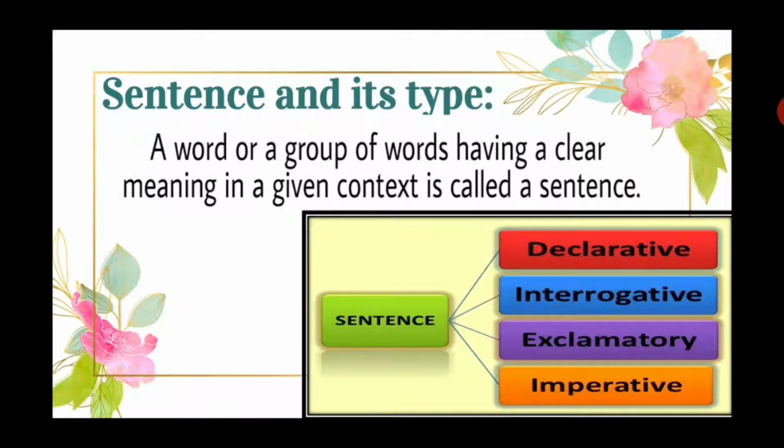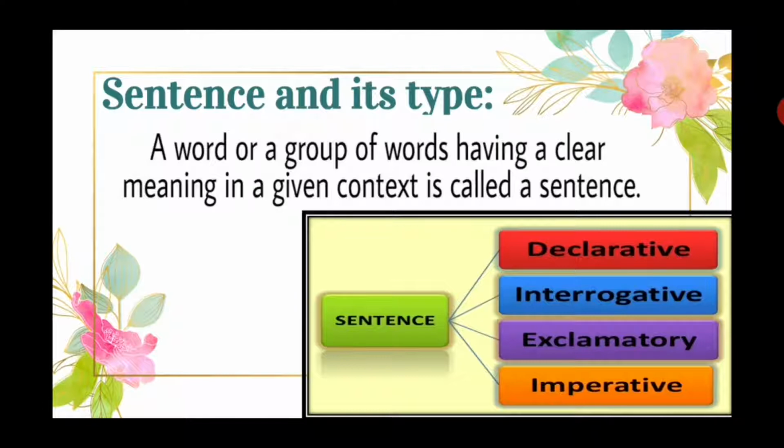What is declarative? Declarative are those sentences which we use for expressing normally any sentence or any situation in general, the statement. And interrogative we use for asking anything. It means the questions, okay? That one are the interrogative sentences. Exclamatory sentences we use for expressing our sudden feeling.